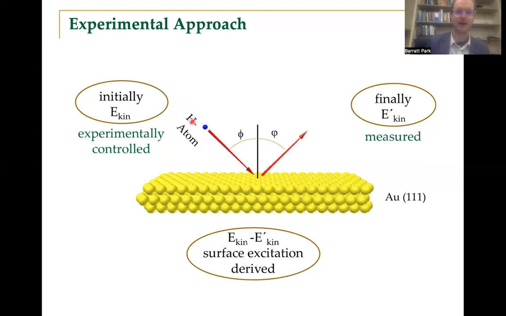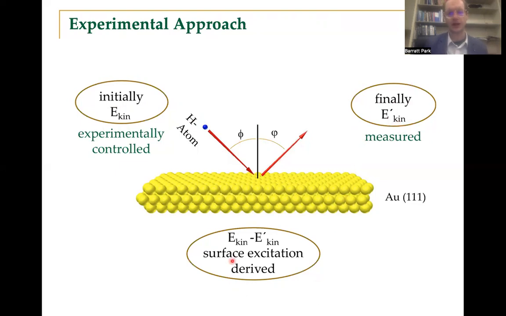You can take a beam of hydrogen atoms at a very well controlled incident kinetic energy, scatter it from a gold surface, and investigate the detailed dynamics of this scattering process by looking at the scattered hydrogen atoms. You can measure the angular distributions, and you can also measure the final kinetic energy distribution.